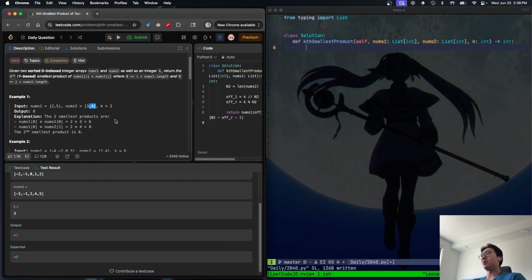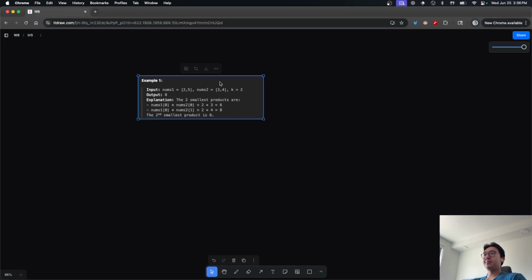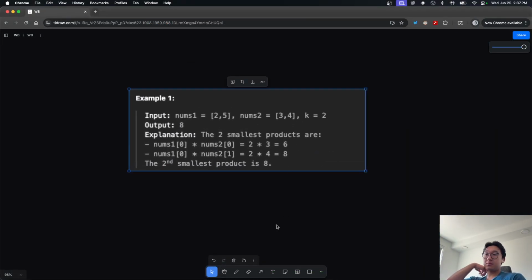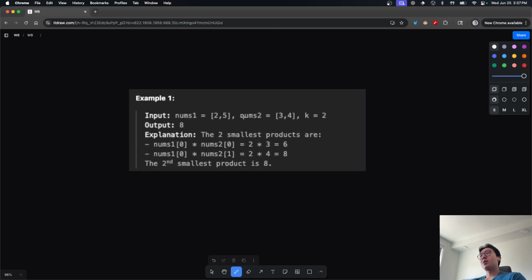Maybe let me try the first example right here. Maybe the first example might help, because the first example is pretty straightforward, right? You grab the minimum one multiplied by three, minimum one multiplied by four.